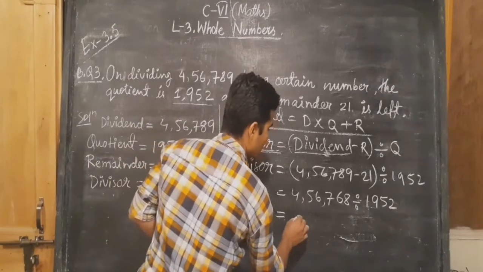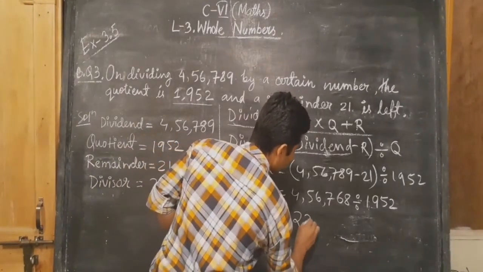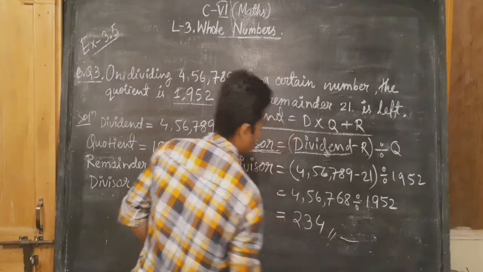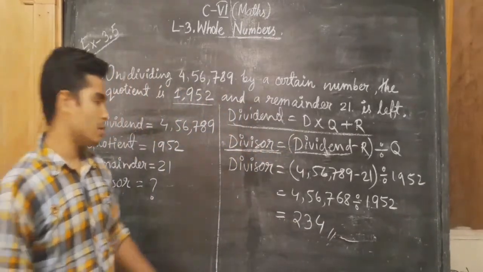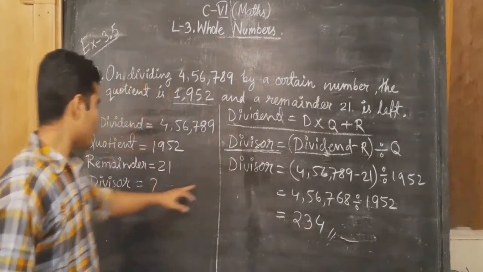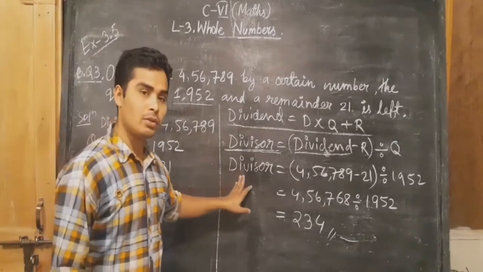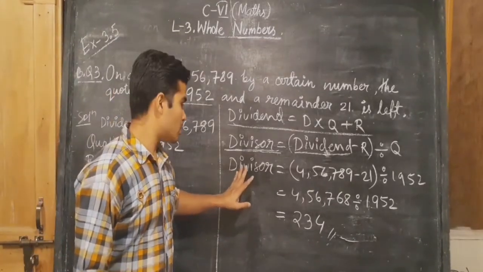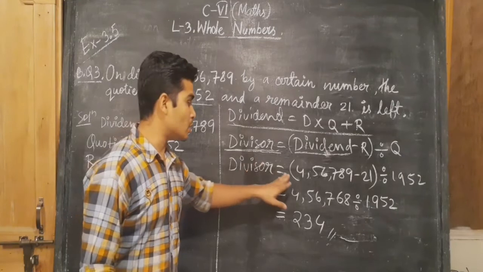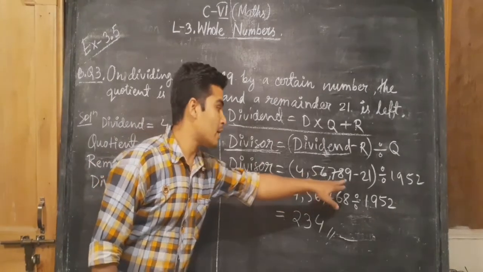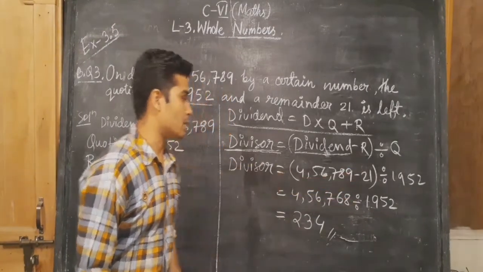So what will be the answer? 234. This is our required divisor. So for finding divisor, you must use this formula. Divisor is equal to dividend minus remainder divided by quotient.